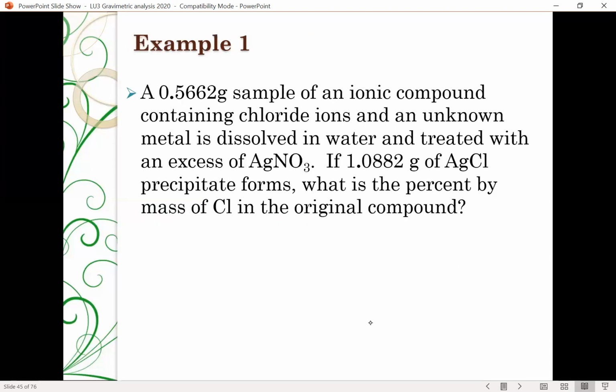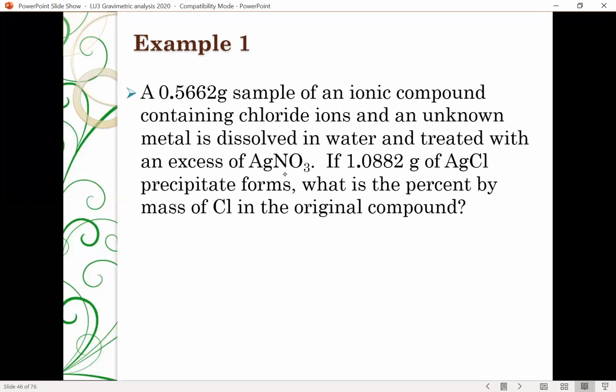Okay, let's look at a calculation example. We have a sample of an ionic compound with a known mass, which is 0.5662 gram. It contains chloride ion and an unknown metal, which is dissolved in water and treated with excess AgNO3.